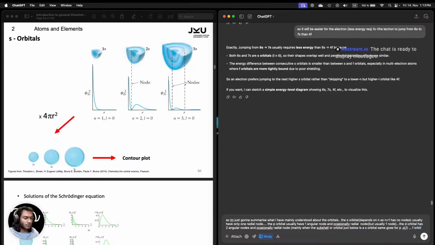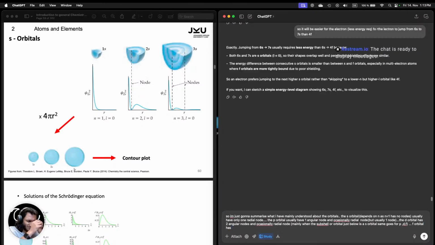The f orbital has what? Three angular nodes and one radial node.